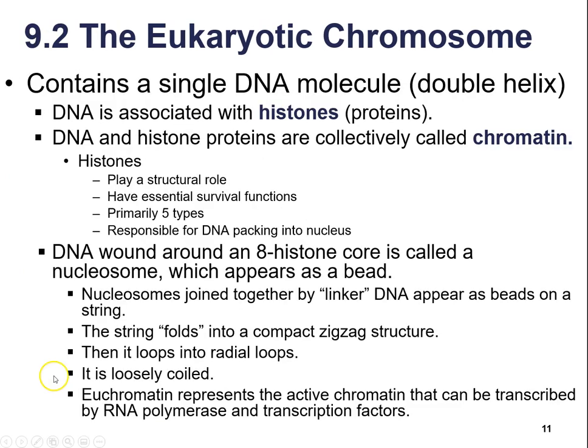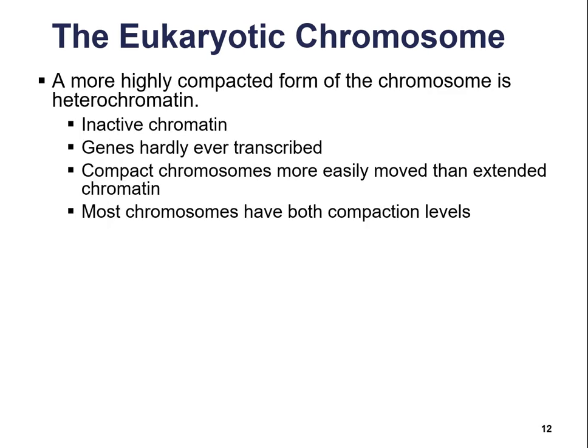When we talk about chromatin, there are different types. Euchromatin is active chromatin; it can be transcribed, and it's not that tightly packed. However, there's a more highly compacted form called heterochromatin. Heterochromatin is inactive; these genes are hardly ever transcribed. And then we can talk about chromosomes.